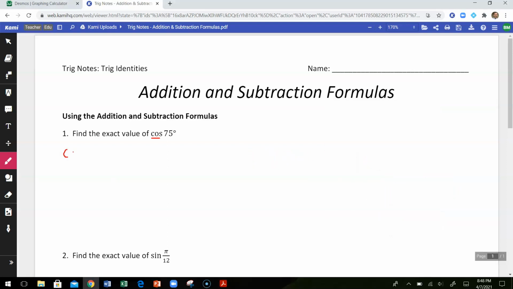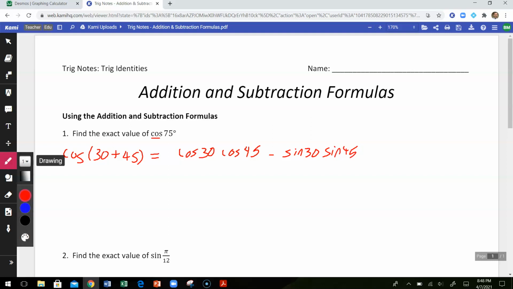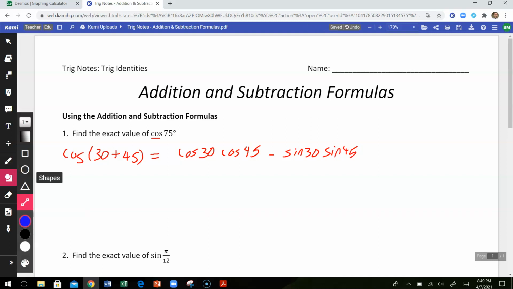So we'll go ahead and write that out. We're going to think about cosine of 75 as the cosine of 30 plus 45. And then again, our formula said that means we're going to do the cosine of 30 times the cosine of 45 minus the sine of 30 times the sine of 45. And then individually, each one of these we should be able to evaluate, right?